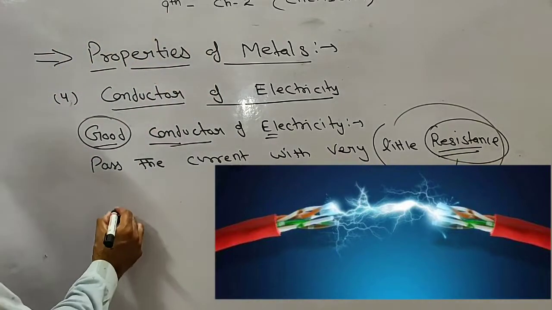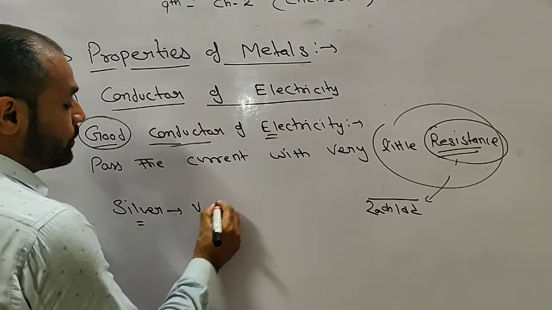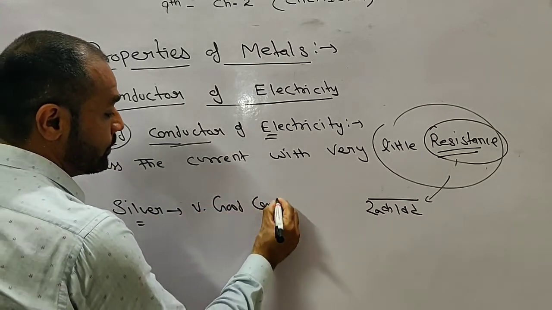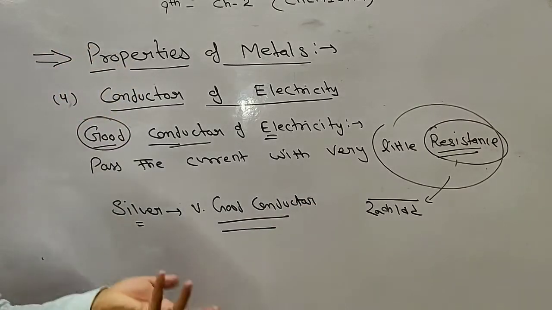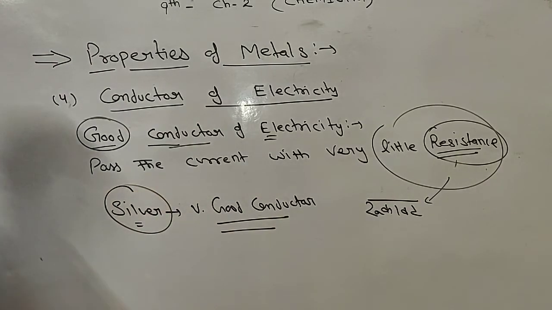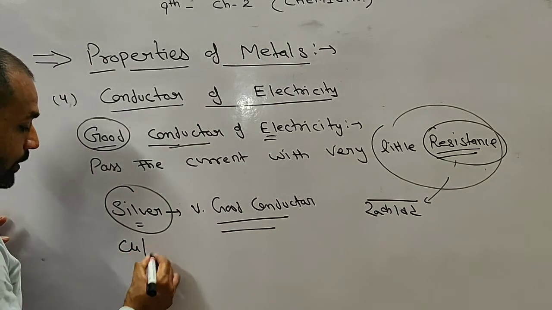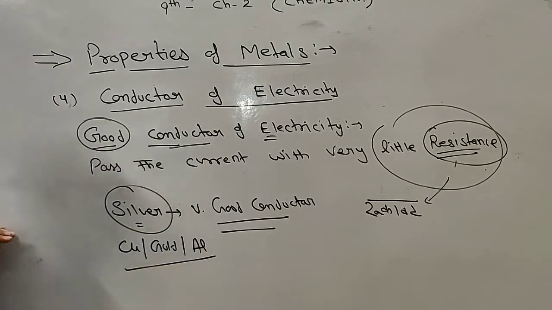सो अमंग दिस, सिल्वर अगेन द वेरी गुड conductor of electricity. We can say the heat as well, as we have already discussed about silver. So apart from silver, copper, even gold and aluminium, they all are good conductors of electricity.